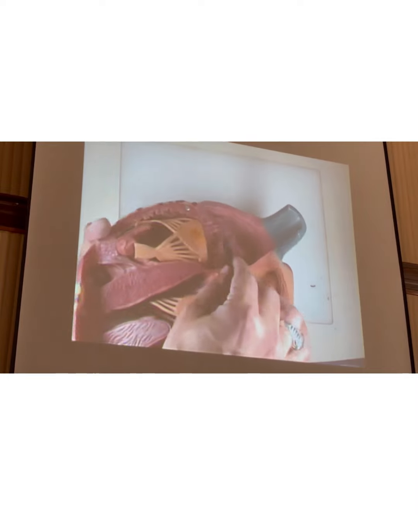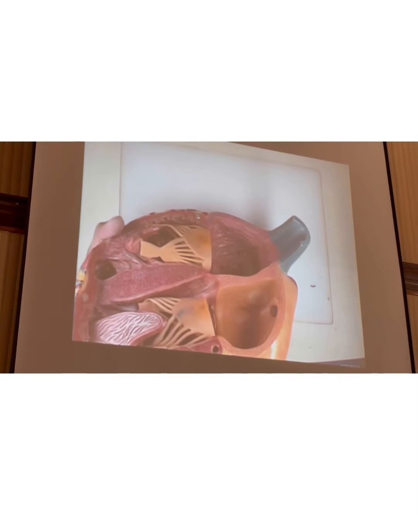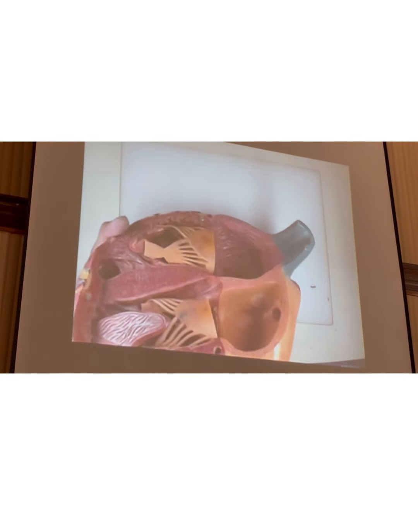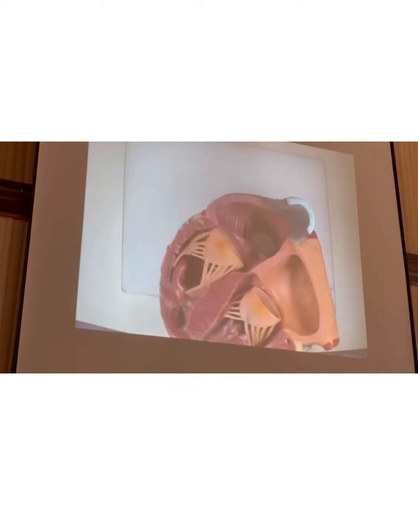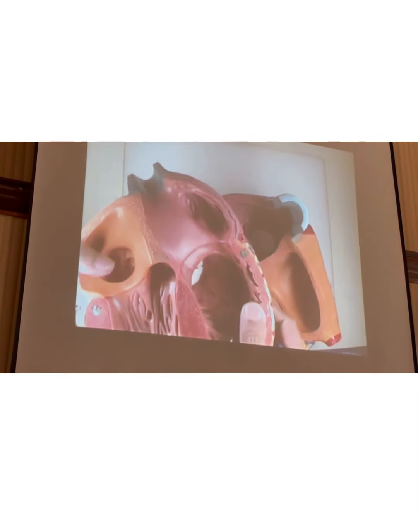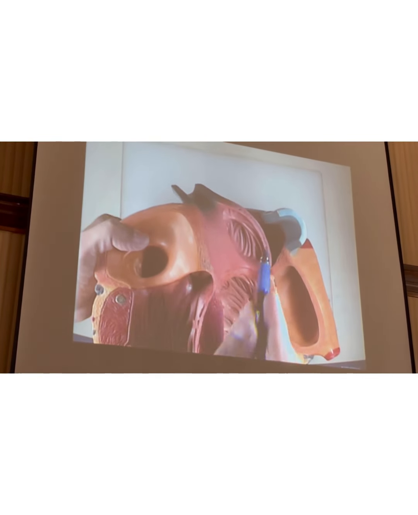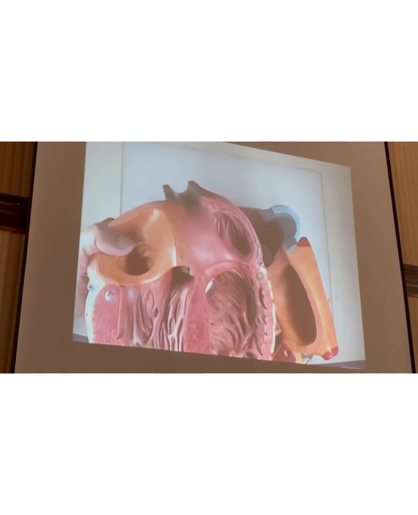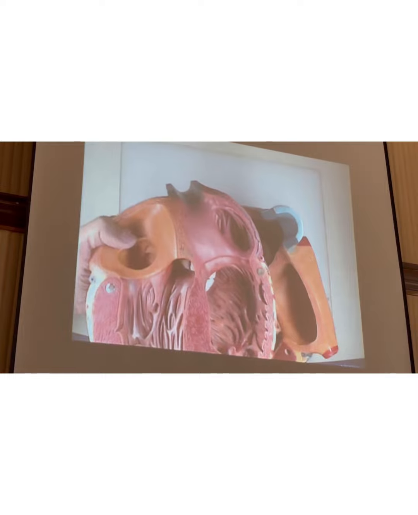The auricle is usually ridged. It has a muscular ridge. This ridge is more clear anteriorly. You see here, this is a muscular ridge called the pectinate muscle. Where is it located?